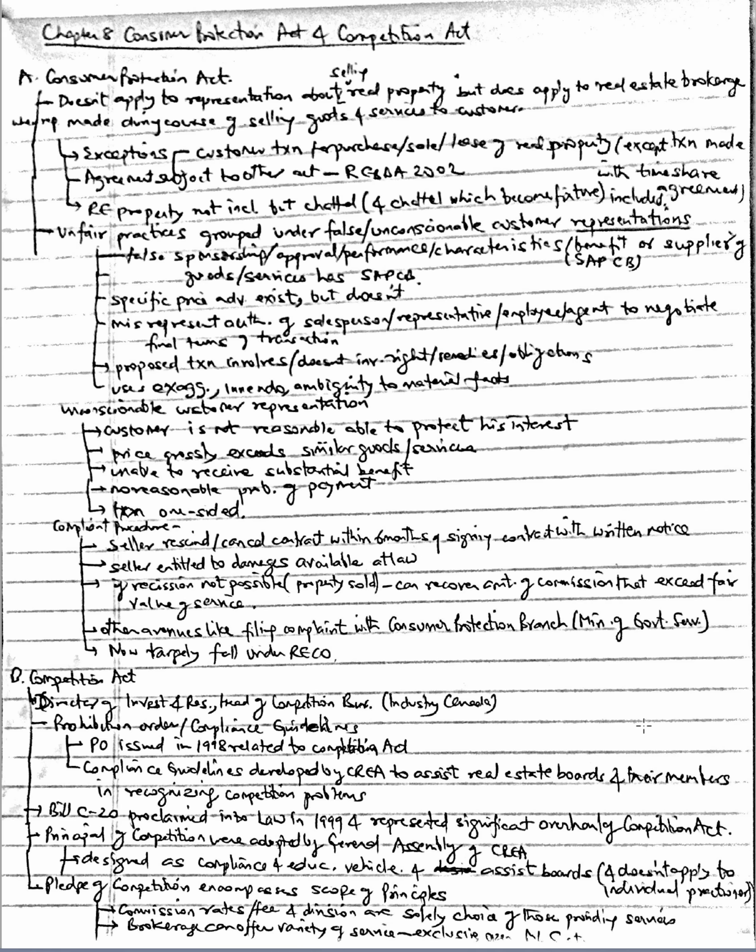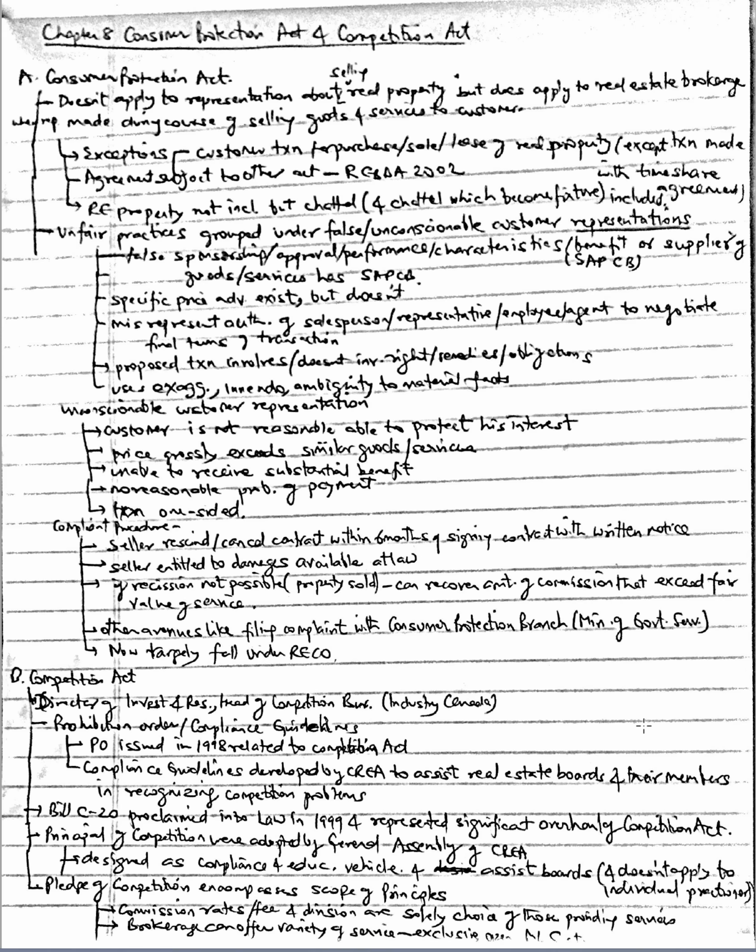Bill C-20. In March 1999, Bill C-20 was proclaimed into law. This law represented a significant overhaul of the Competition Act with amendments concerning deceptive telemarketing, disclosure by telemarketers, the Competition Bureau, interception of private communication in serious situations with judicial authority, and protection of individual identities for persons reporting offences.